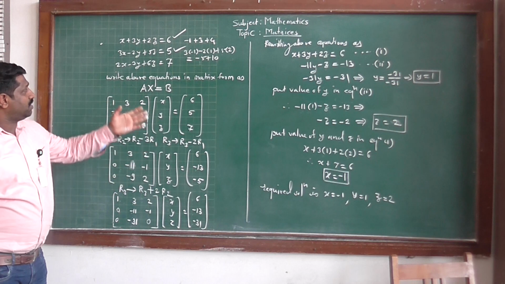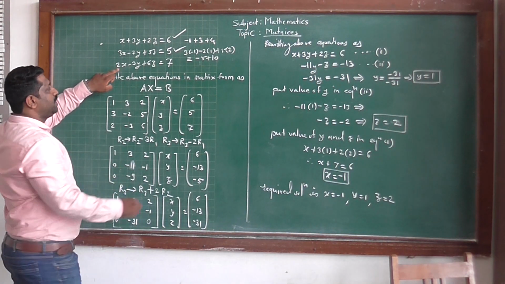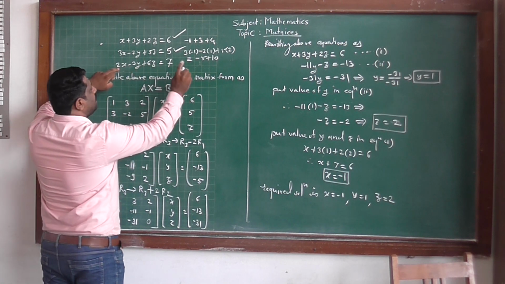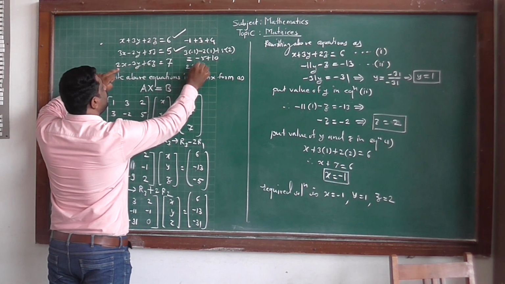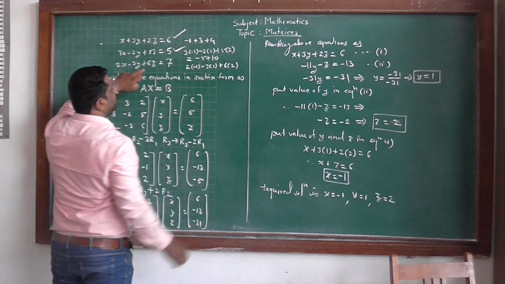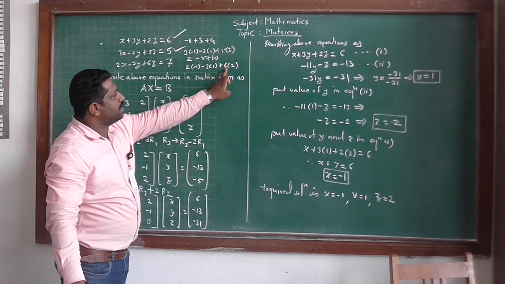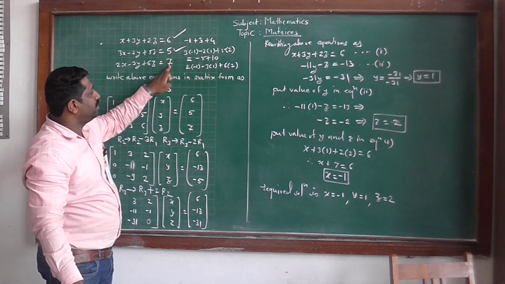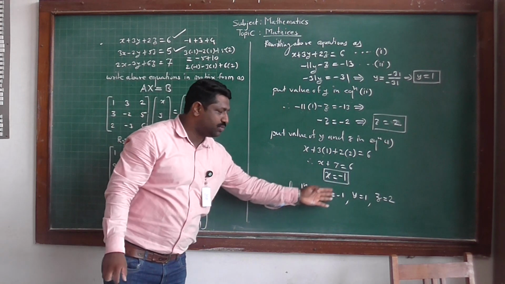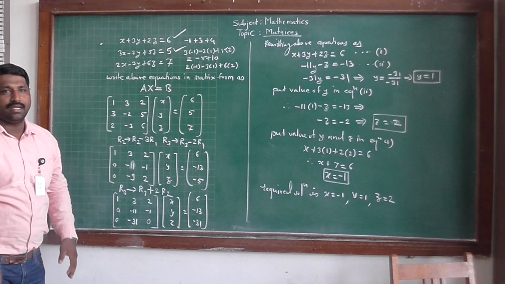So these values also satisfy the second equation. Now we put the values in equation 3. So in LHS, 2 into -1 minus 3 into 1 plus 6 into 2. So this is -2 minus 3, minus 5, plus 12, that is 7. So all these values satisfy each equation. So our solution is correct.